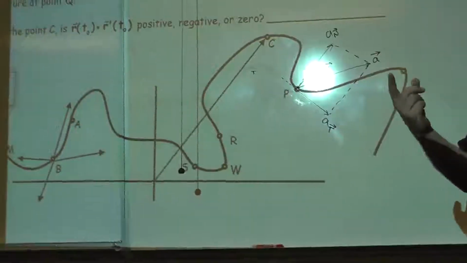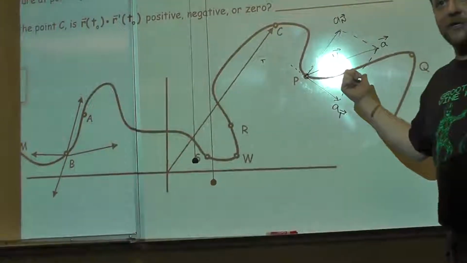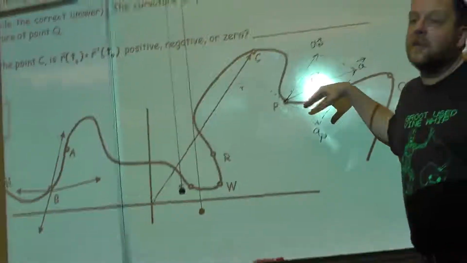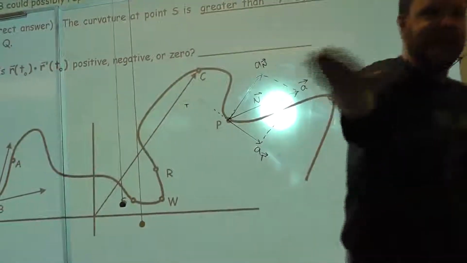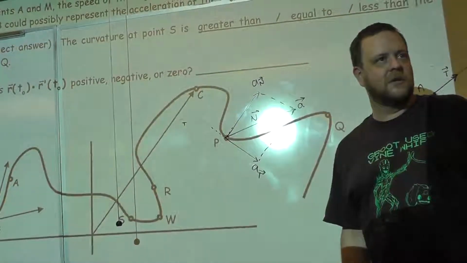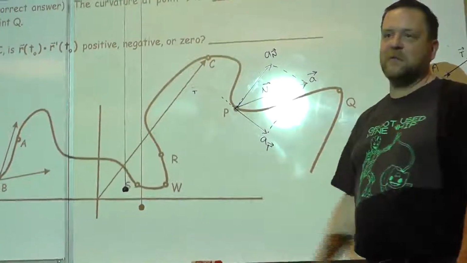Since acceleration is the rate of change of your velocity, the rate of change of your speed can influence acceleration, and that comes from the a sub t part. The change in direction comes from how fast your normal vector is moving as you turn, okay? And so that's the influence of the normal vector on the acceleration. But it should always be pointing into the curvature, so the a sub n part should never be negative.